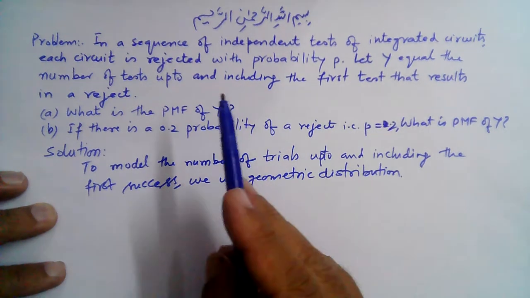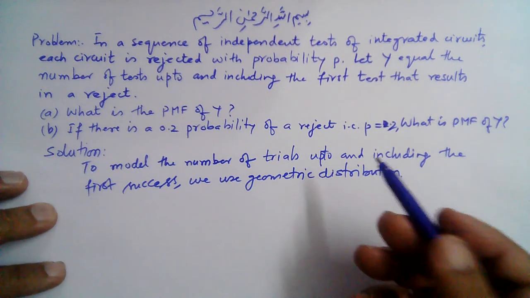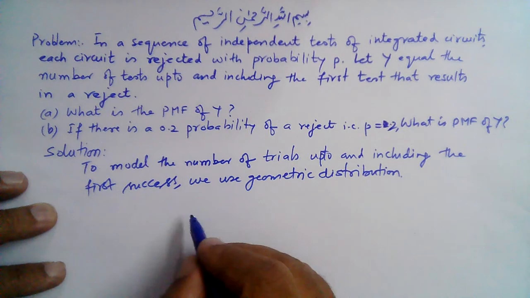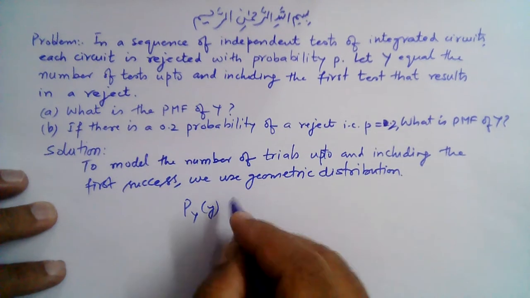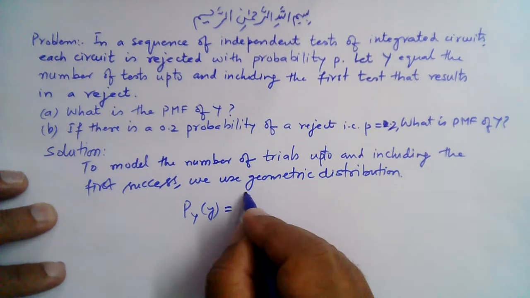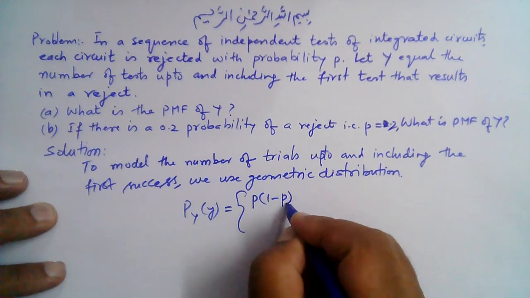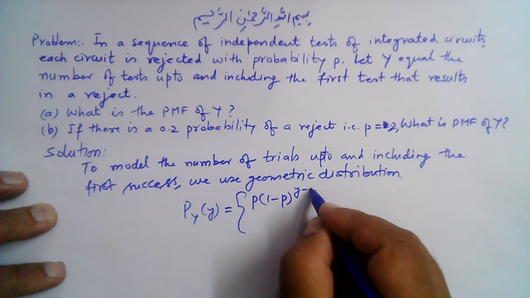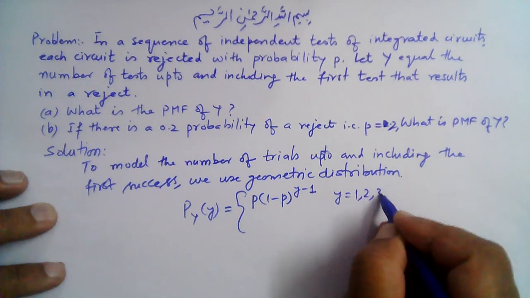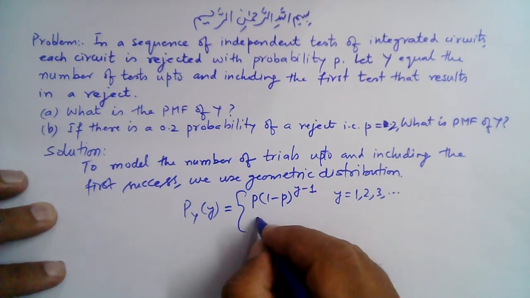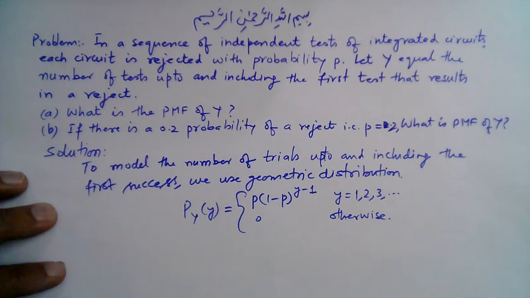And the PMF of a random variable Y in this case is given as P_Y(y) is the parameter P into (1 minus P) raised to the power y minus 1, right? And y is from 1, 2 and 3 and so on, and this is 0 otherwise, right?